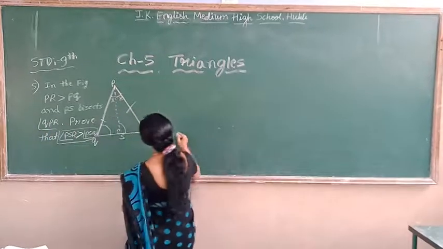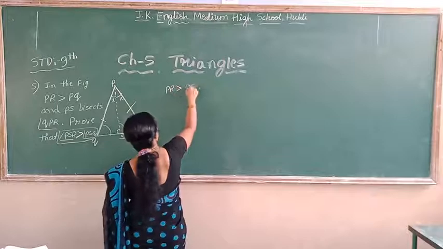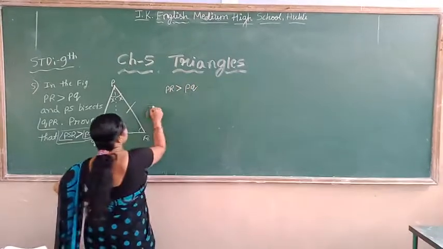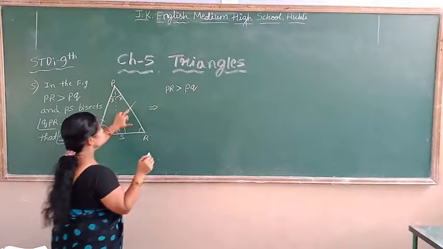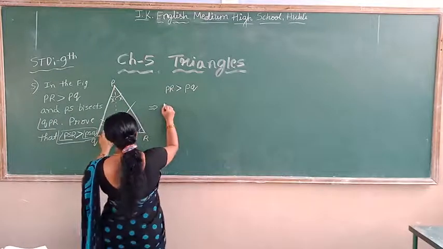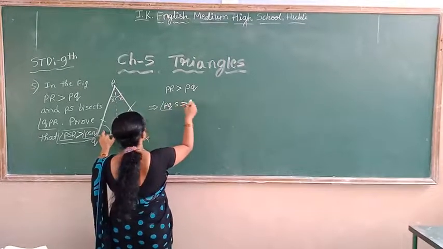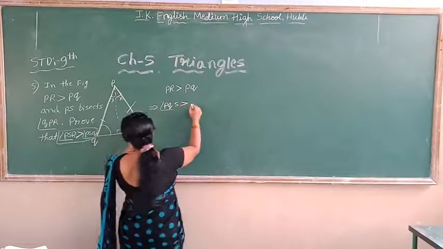So in the data they have given, PR is greater than PQ. It implies that opposite to the longer side, the angle is bigger. That is, angle PQS is greater than angle PRQ.